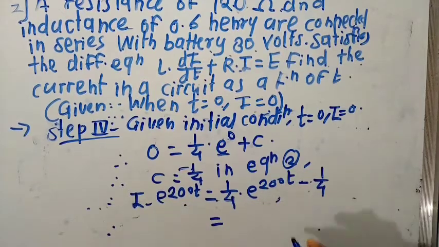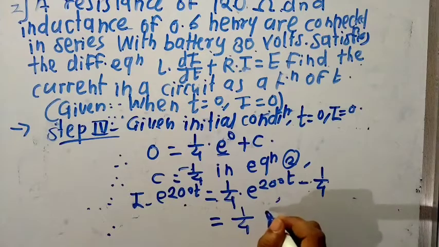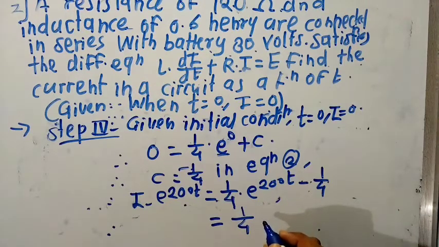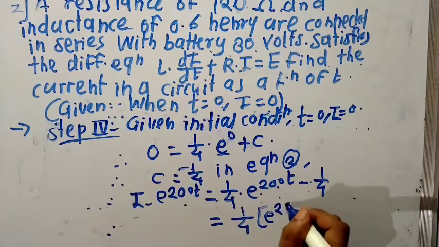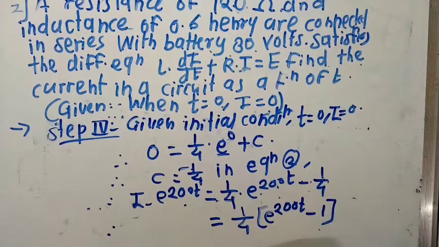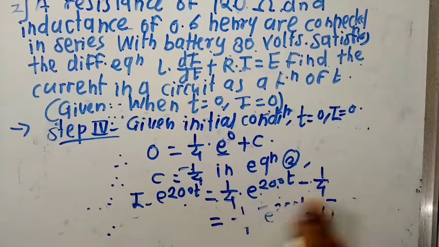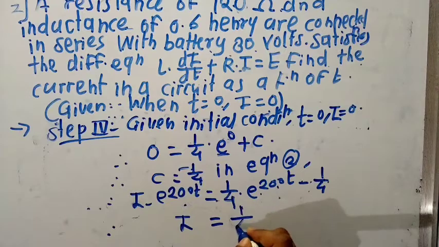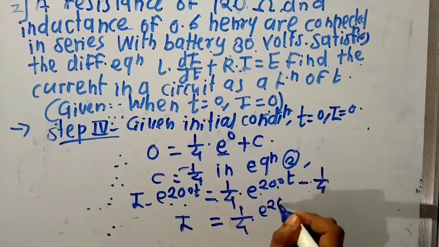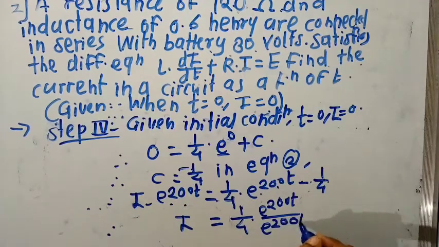Then here 1 by 4 is common, so I into e raised to 200 t is equal to 1 by 4 into (e raised to 200 t minus 1).